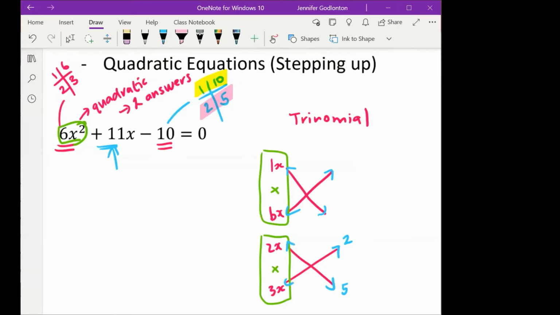What if we flip them around? So what if we put our 5 here and our 2 here? Then I'm going to get 15x and I'm going to get 4x. Now with 15x and 4x, do I have a chance of getting to 11x? Yes. Okay. Which one would have to be positive and which one would have to be negative? I want positive 11x. Does my 15 have to be positive or my 4?